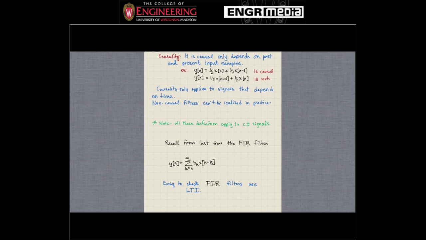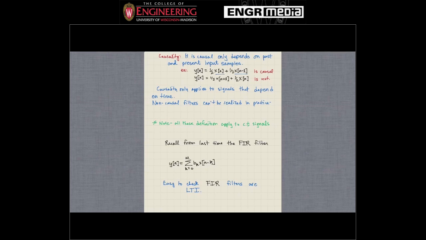And the way we would see this is, first we'd look at this and say, all right, the output at time n depends on the present sample of x of n, and then it depends on one previous sample of x of n. So it's all samples that have already arrived.